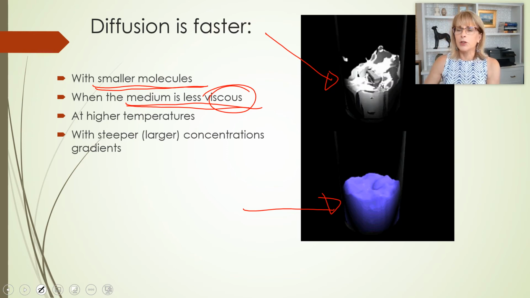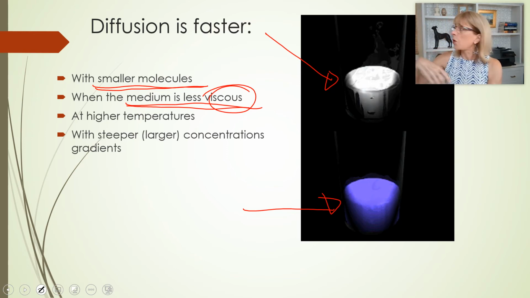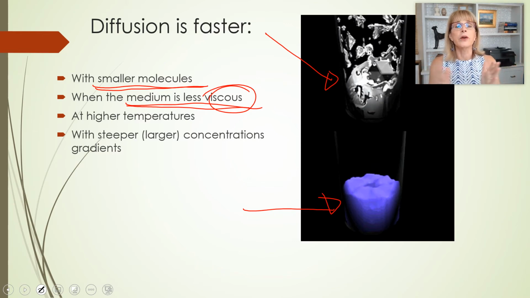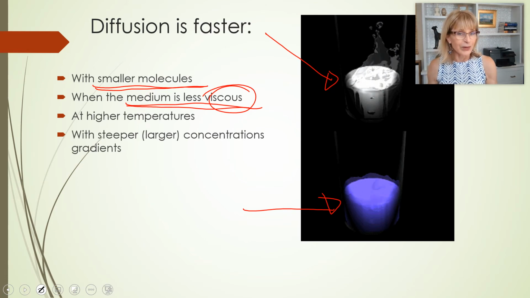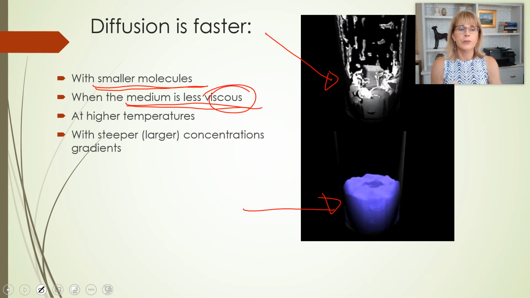Viscosity, I often think of it as the quality of how easy it would be to pour it, but it also could be how easy would it be to run through it. You could run from one end of a swimming pool to another faster than you could run through the water of the pool, right? And that has to do with the viscosity of the medium. So diffusion is faster in a less viscous medium.